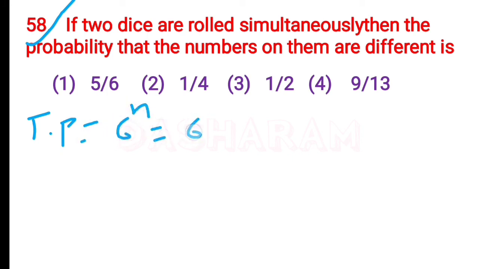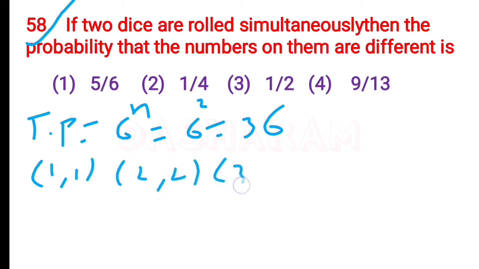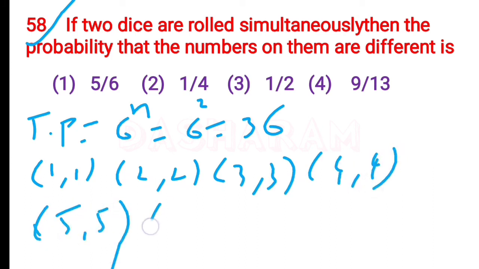So here, 2 dice, 6 squared equals 36. For the numbers being different, first of all, the same numbers on the two dice: 1,1; 2,2; 3,3; 4,4; 5,5 and 6,6.